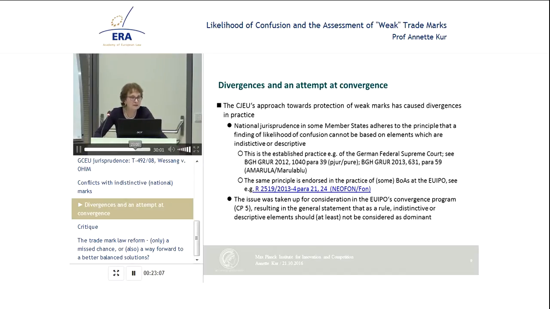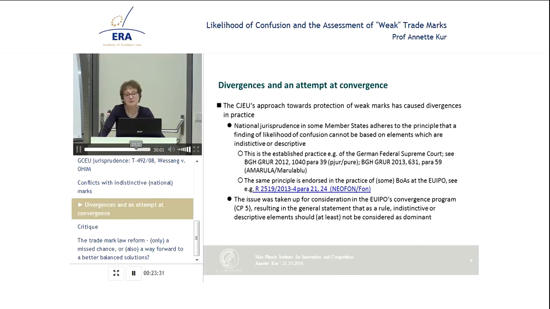The fact that there is a certain discrepancy in practice has resulted in the issue being taken up in the convergence program. Of course, in the framework of the convergence program, it is not possible to overrule the Court of Justice and the General Court. That's for sure.